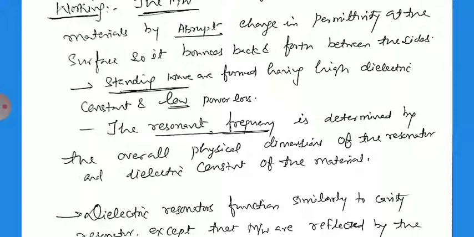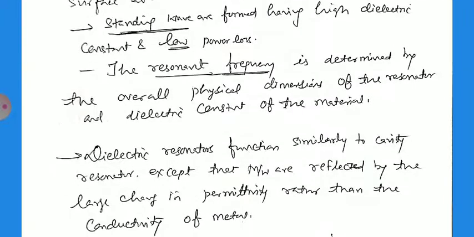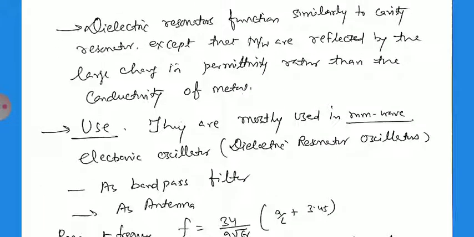The dielectric resonators function similarly to the cavity resonator, except that the microwaves are reflected by the large change in permittivity rather than the conductivity of the material. This is the only basic difference between these two. The remaining physical quantities are the same. Now, what are the uses of dielectric resonators? They are mostly used in millimeter wave electronics, oscillators, dielectric resonator oscillators, as a band pass filter and as an antenna.